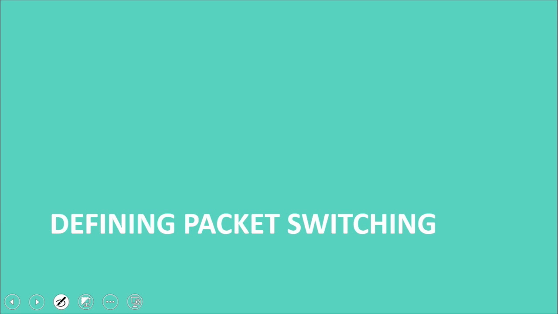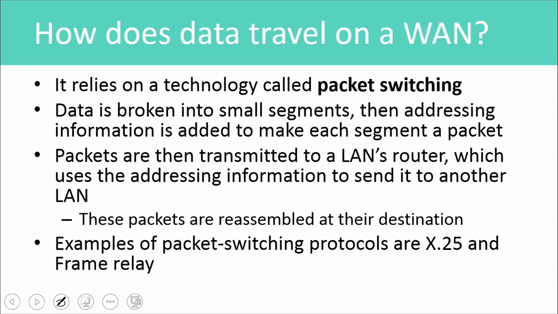All right, and the internet in general, WANs, LANs, they use a technology called packet switching. And packet switching means that the data is broken into small segments, and then addressing information is added to each segment in order to make it a packet.